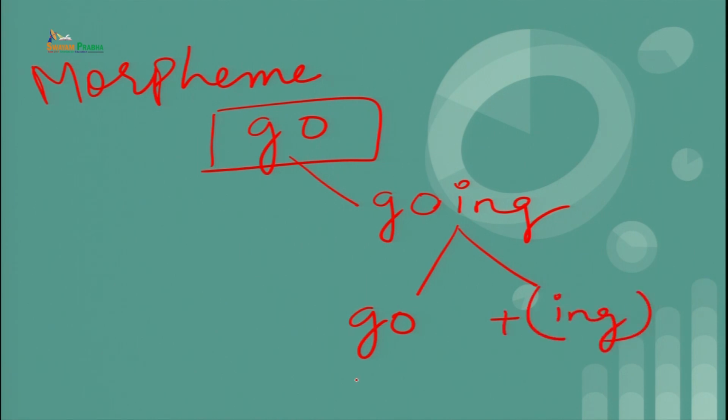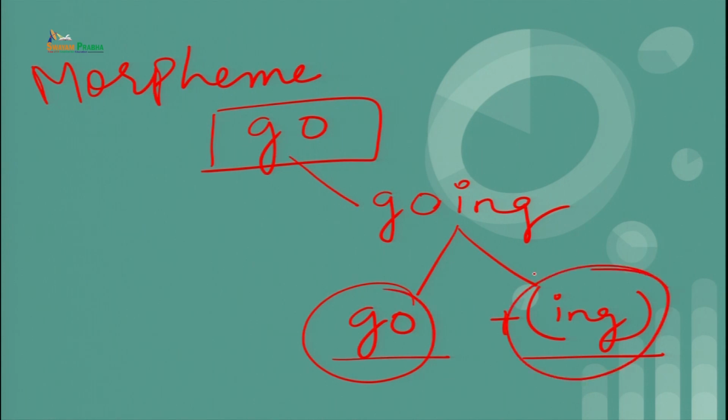So, here you are fragmenting it into two parts, or I can say you are decomposing it into two forms. First is go and the second is ing. Now, my question to you is, what is ing? Actually, ing is the progressive marker.